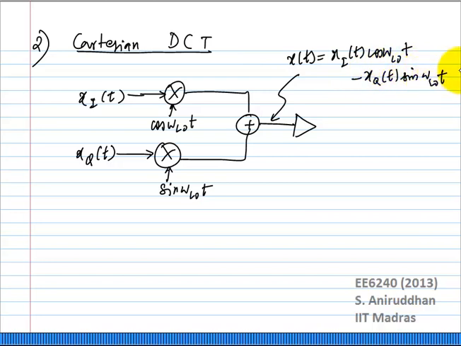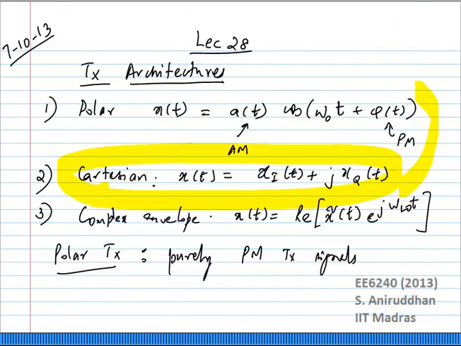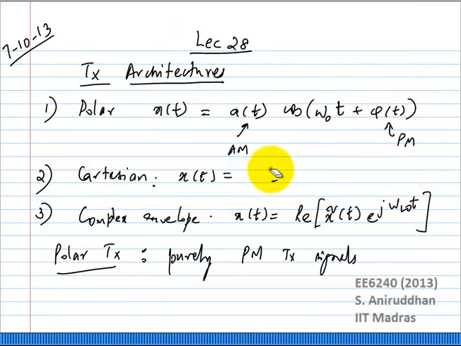This is the representation we saw for the complex signal x of t. Maybe I didn't put it down explicitly here. Let me write that down properly.